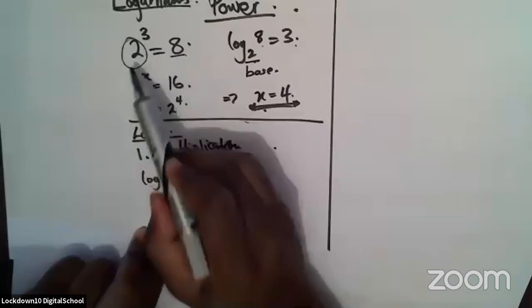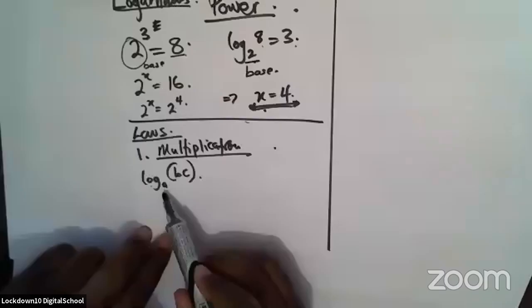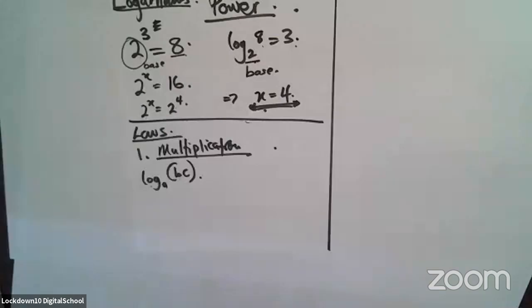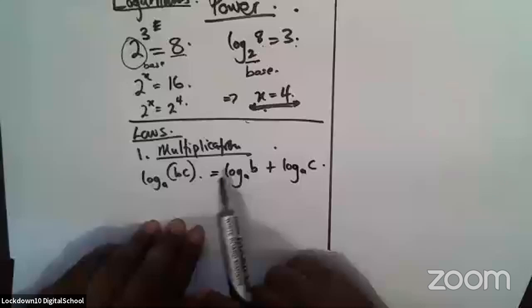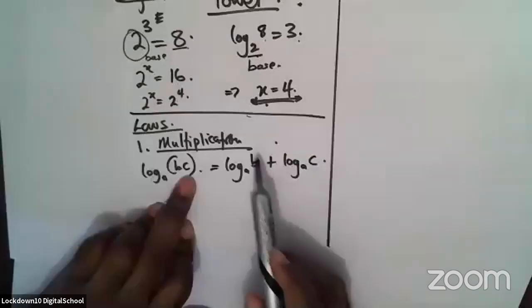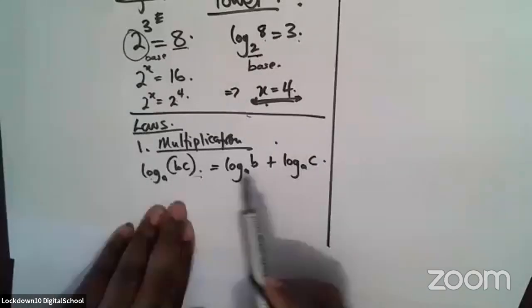Remember, this is an exponent and this is a base. BC is multiplied, so this becomes log to base A of B plus log to base A of C. If it is multiplied inside the log, then outside we add.